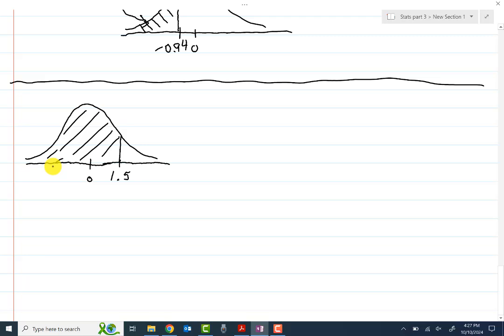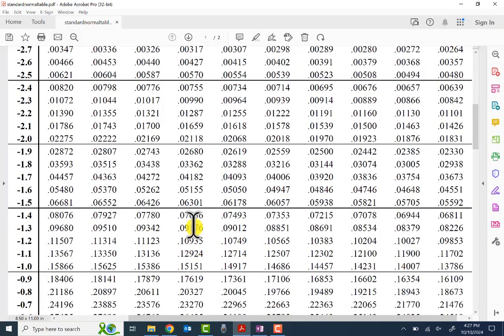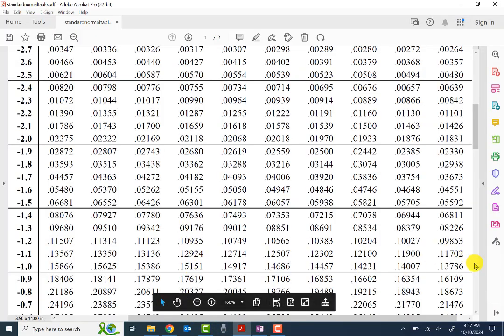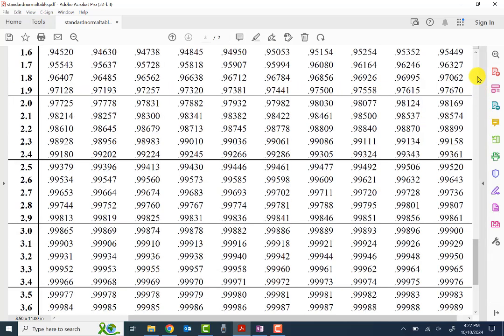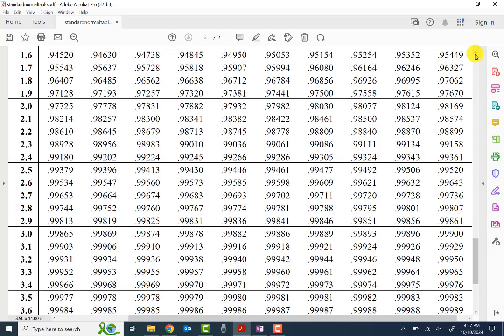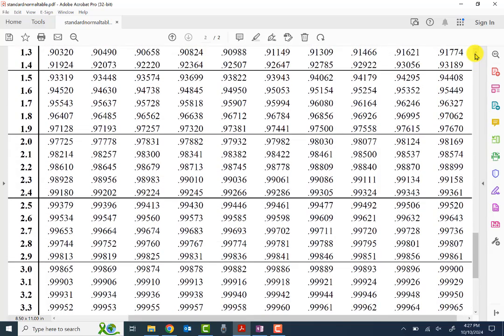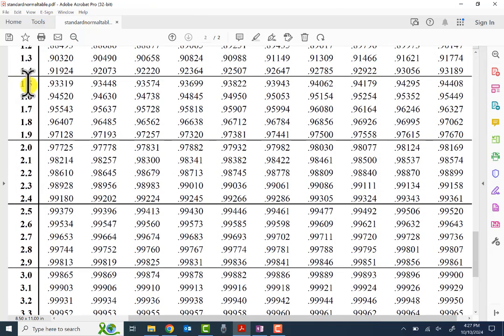So for this, we are going to look up 1.5 in the table. So I'm going to be positive this time. Let me go to the positive side. And I want 1.50. I went a little too far on that. There it is at the top of my screen. So 1.50 is that number right there.